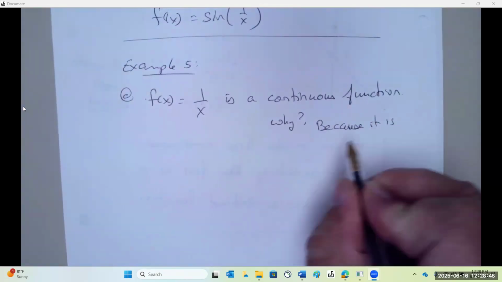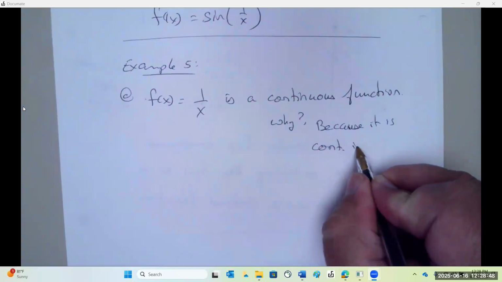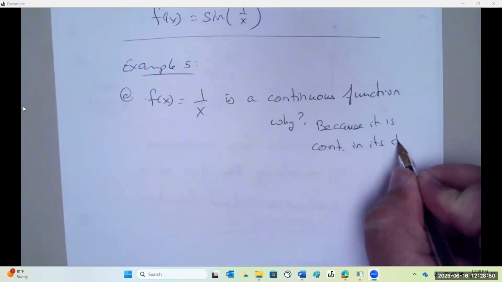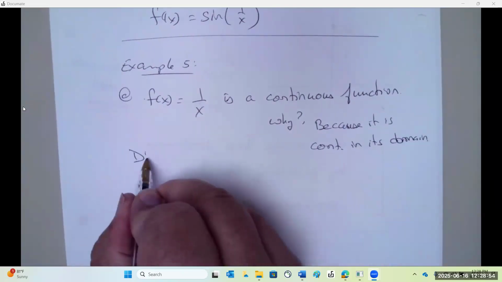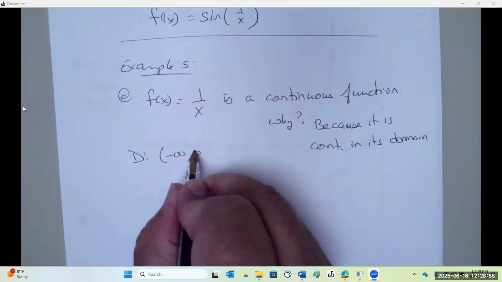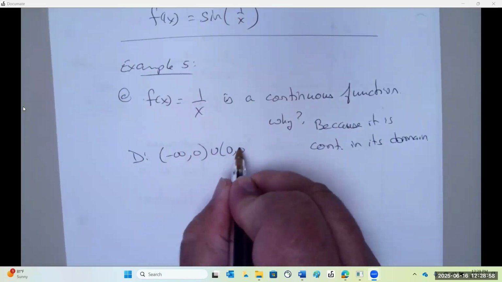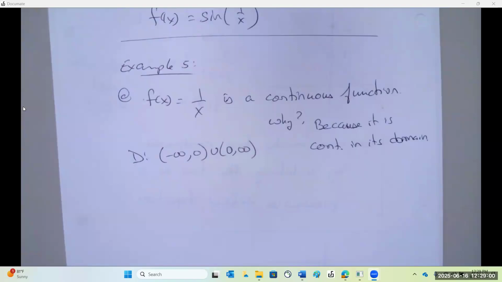Because it is continuous in its domain. Its domain is negative infinity to zero, zero to infinity. That's the reason. Do we ever use zero? No. We don't have to because it's not in our domain.